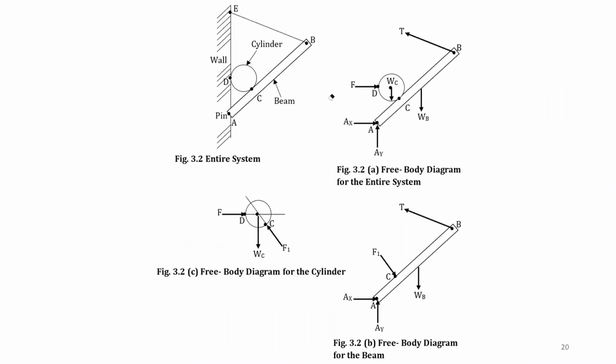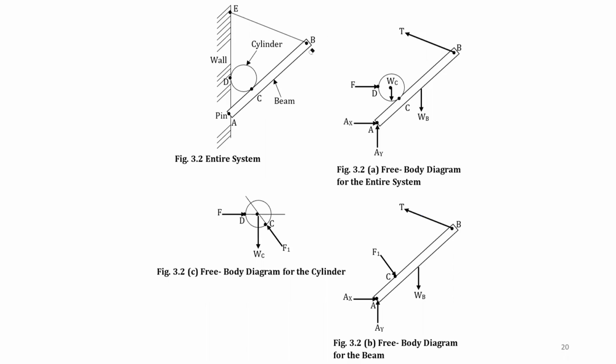On top of the beam, we have a cylinder there. That cylinder is in contact with the wall as well as the beam. And the string is in contact with the wall as well as the beam. So that string is holding the beam in position.